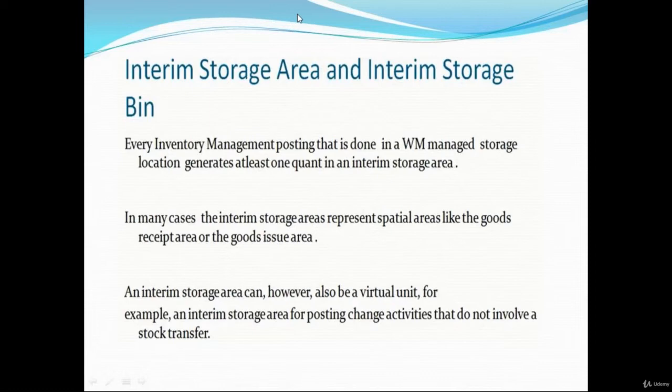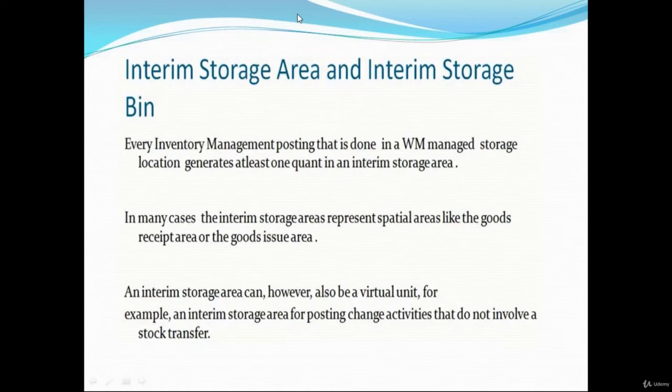So in this process, the extra 50 tons from the system is moved to the 999 storage type, and we write off the extra 50 quantity, so that the total quantity of material in the WM should be same as that of the warehouse. After this process, we write off the extra quantity of 50 from the 999, so that the total quantity of material in the IM should be same as that of WM.